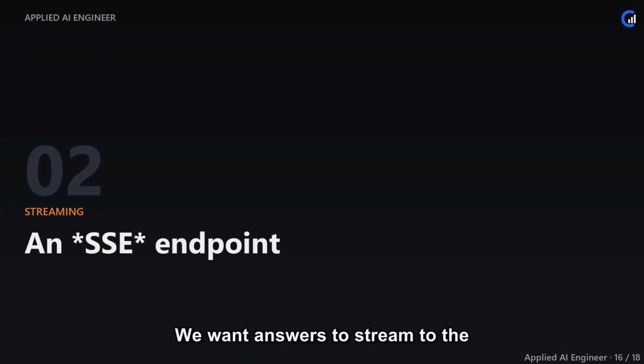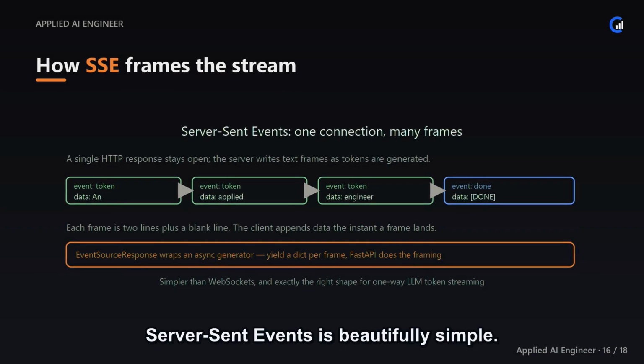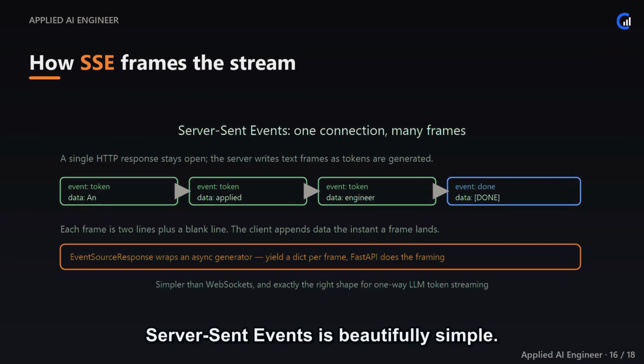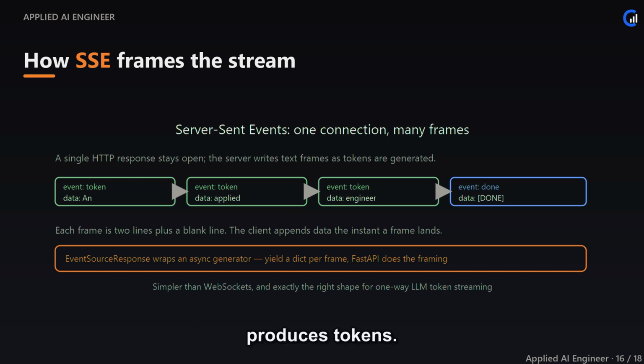Now the endpoint itself. We want answers to stream to the browser the instant they're generated, the UX we proved back in episode 1. The cleanest transport for that is server-sent events. Server-sent events is beautifully simple. The client opens one HTTP connection and the server holds it open, writing small text frames as the model produces tokens.